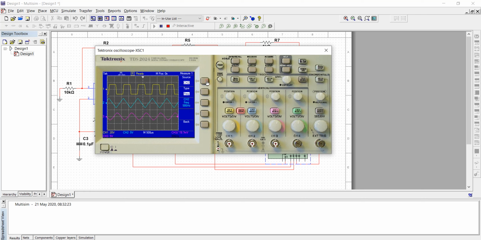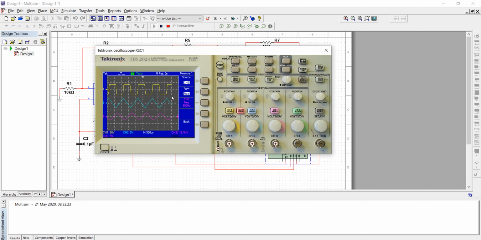Moving on to channel 2, the frequency is again the same, and the peak to peak value at this particular instant is 6.75 volts. It is a triangular wave. And moving on to channel 3, we get a peak to peak value of 5.19 volts, and the frequency is 985 hertz.